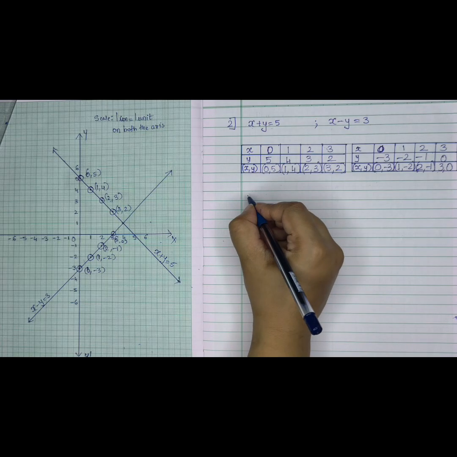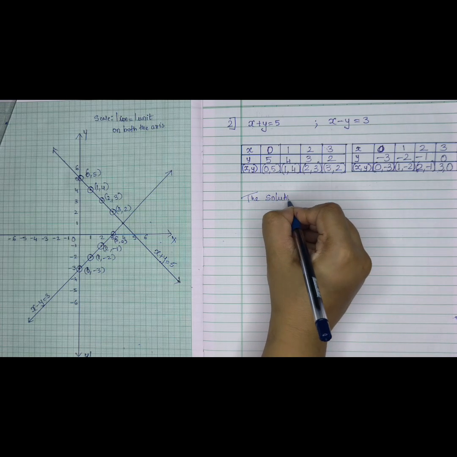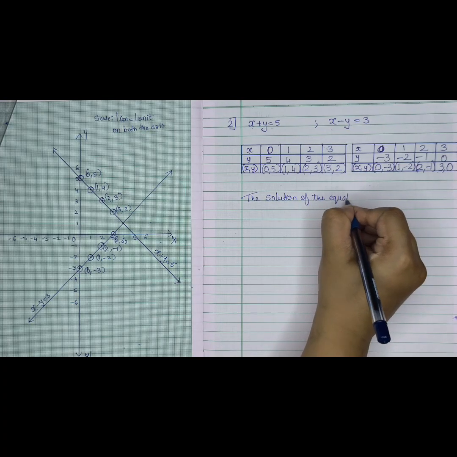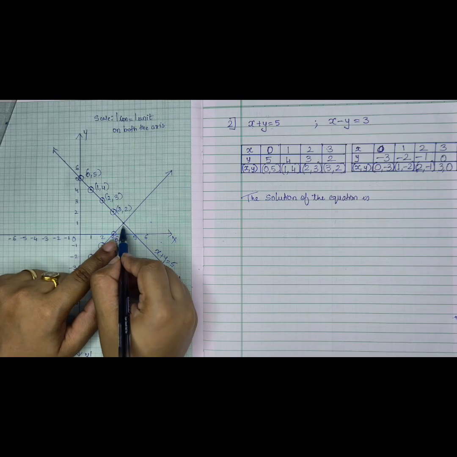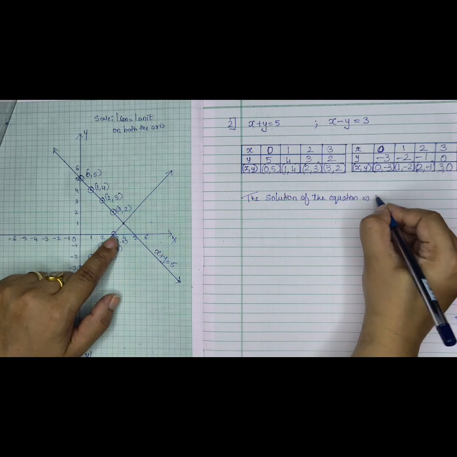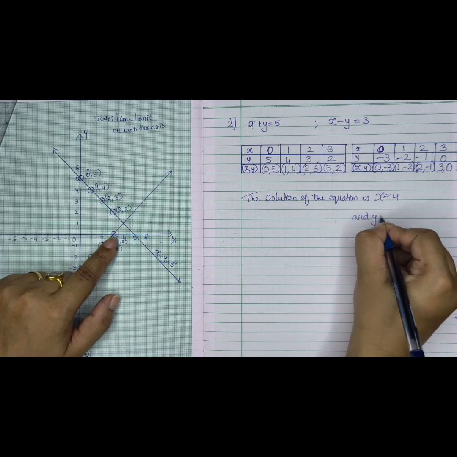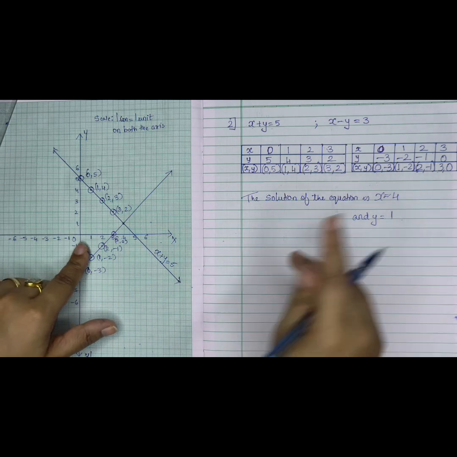I will write first, therefore the solution of the equation is here. On the x axis it is 4. X is equal to 4 and y, on the y axis, is 1. Understood?